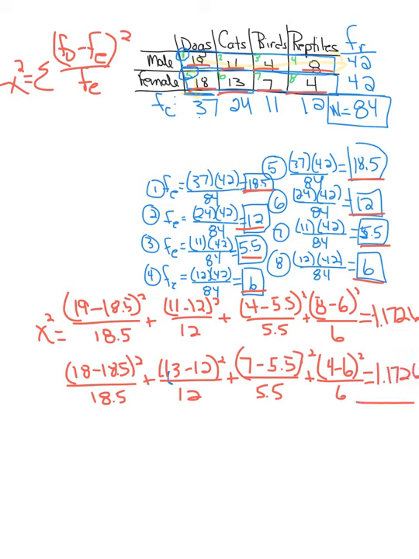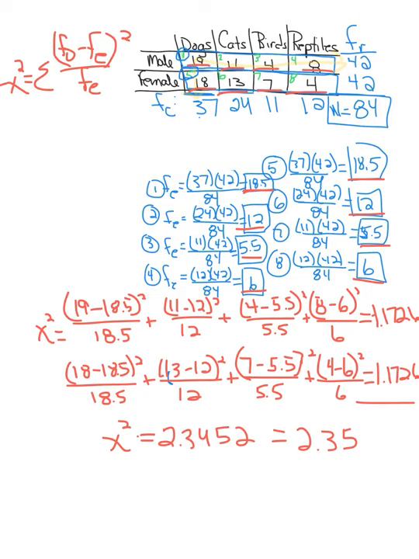So then we add those two up and we end up with chi-squared equals 2.3452, basically. So 2.35 if we round it appropriately.